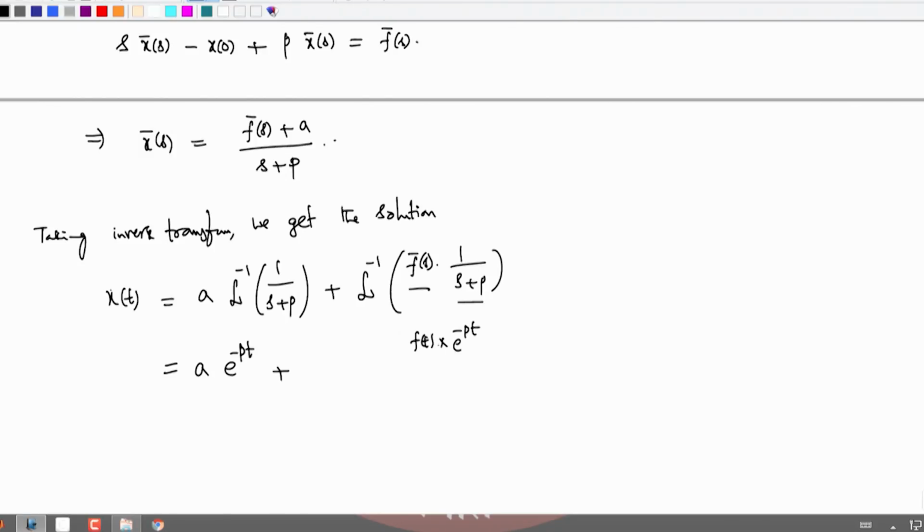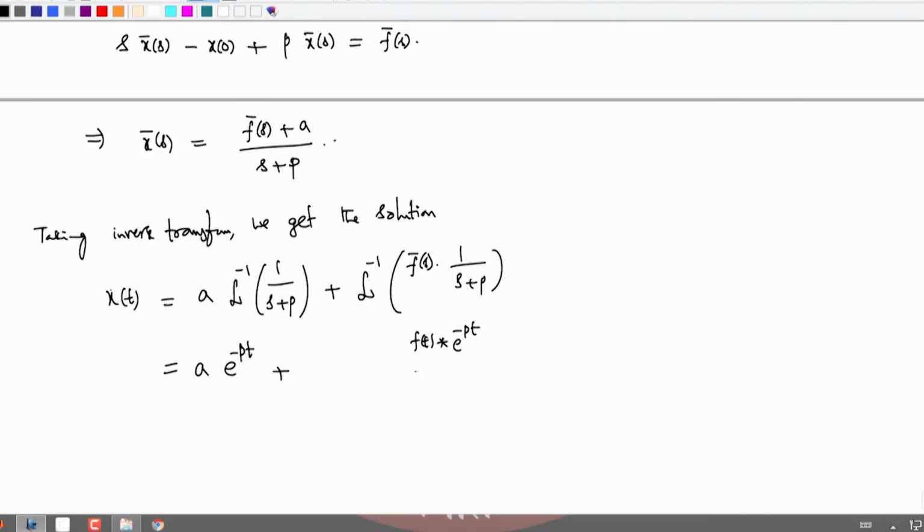So, you take the convolution of this, and if you take its Laplace transform, you will get f bar of s times this. So, when you take the inverse transform, you end up simply getting this one.